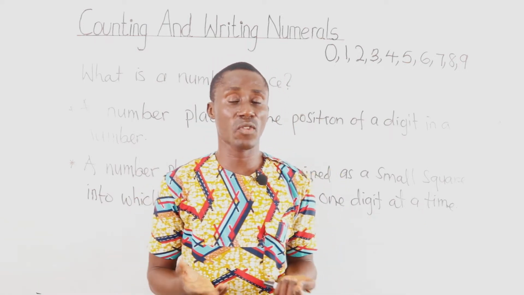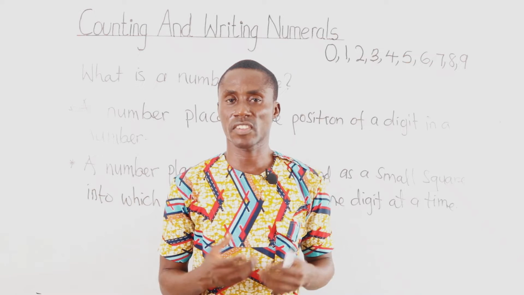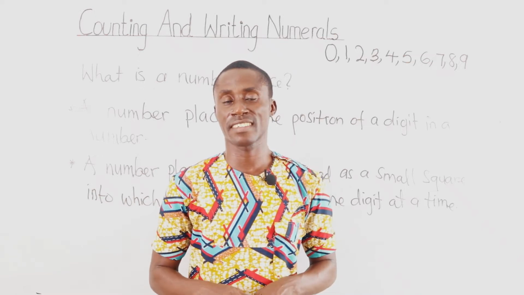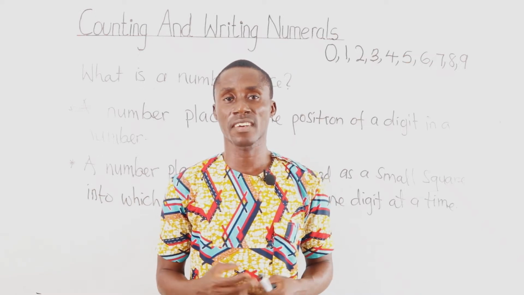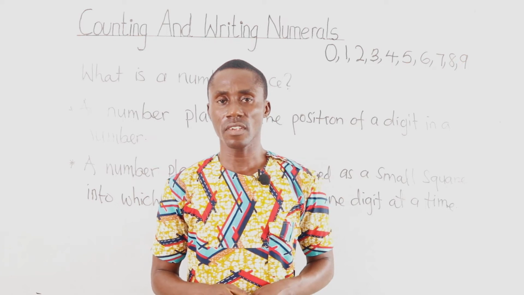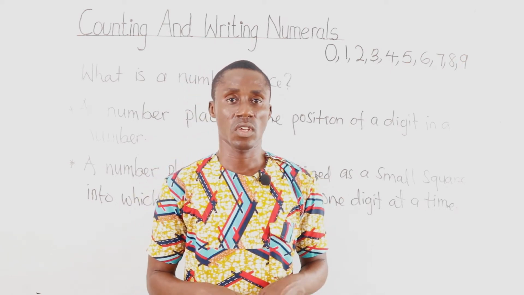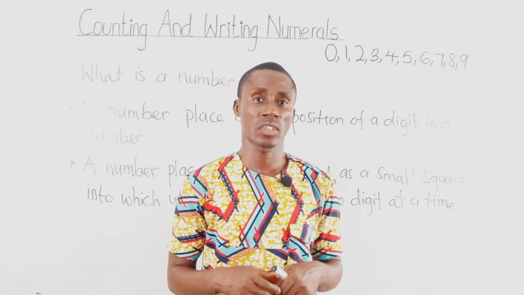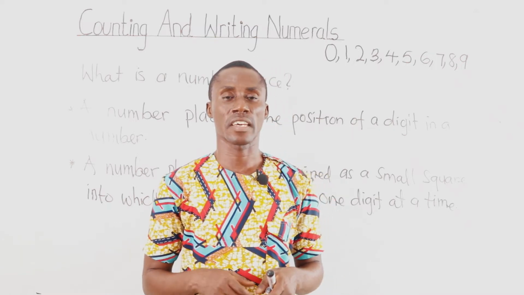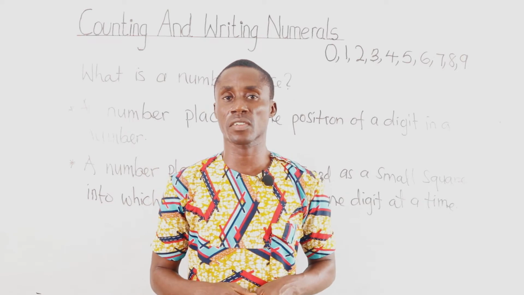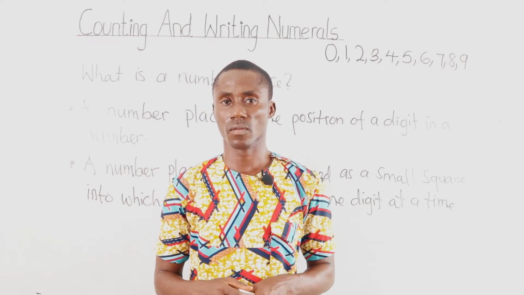It may not be clear now, but as we go deeper, it will become clear. So what do we want to do? We want to use the digits and number places to count.